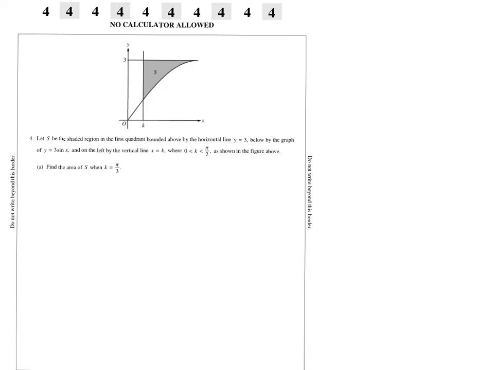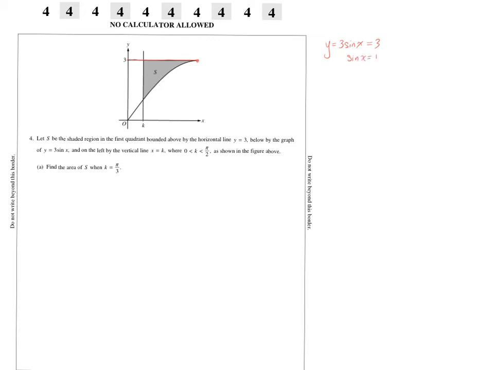So if we identify that point up here, we're asking ourselves, when is y equals 3 sine x equal to y equals 3, which of course is this line at the top. We just have to solve this: divide both sides by 3, and you get sine of x equals 1.